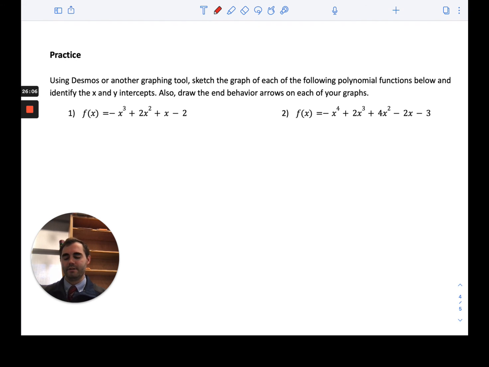If I look at the leading coefficient, there's a negative sign right there, so it's odd and negative. What that means is my graph is going to go off to the left towards positive infinity, and off to the right it's going to go down towards negative infinity. Okay, so there's my end behavior.